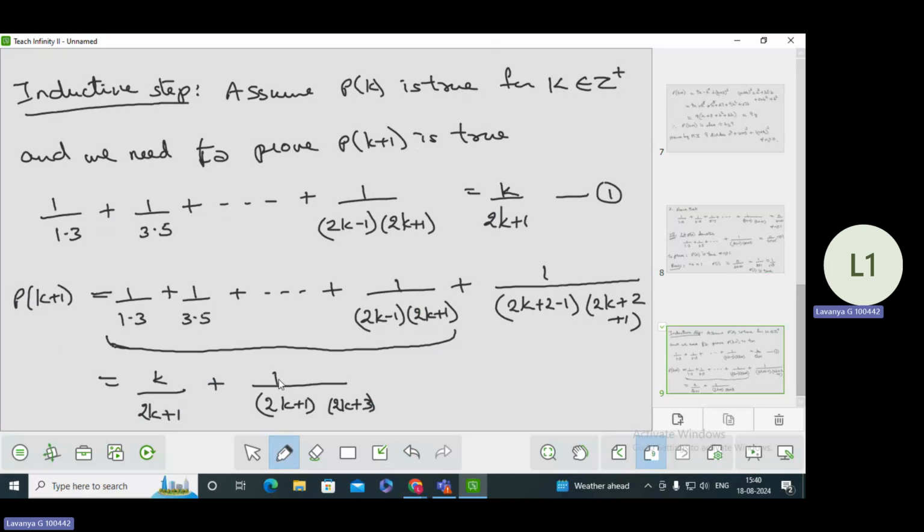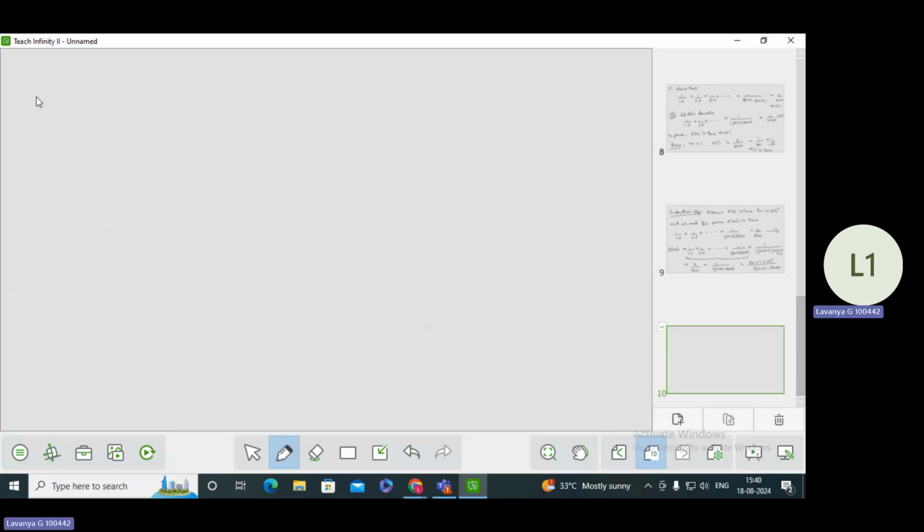Now let us try to simplify this. If I take LCM, this is going to be, I will not have it as just 3k plus 1 plus 2k squared, this would be my numerator, divided by 2k plus 1 into 2k plus 3. Now let us resolve this.